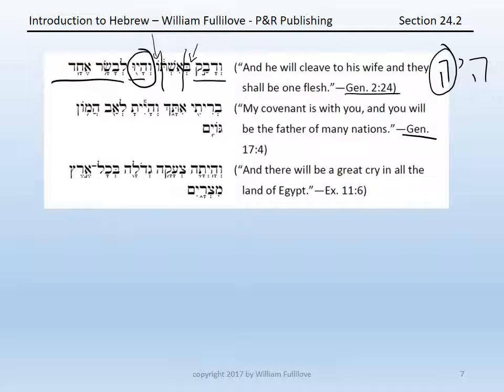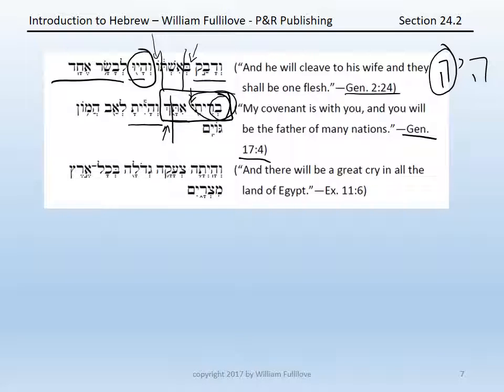Second example from Genesis 17:4, Beriti itak vehayita le'av hamon goyim. Beriti, my covenant, i is the possessive suffix. The lack of a dagesh here is from the preceding word in the verse. Itak, it with k, the suffix. So this is a verbless clause. My covenant will be with you, or is with you.